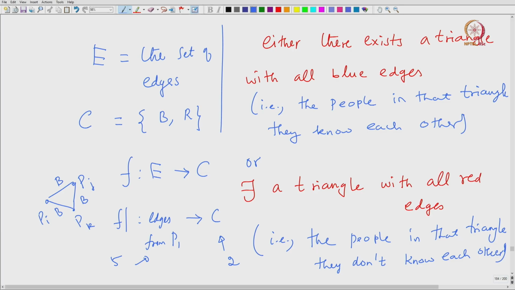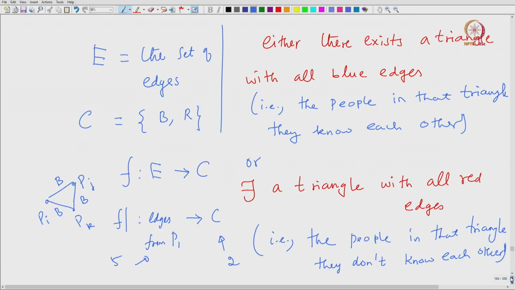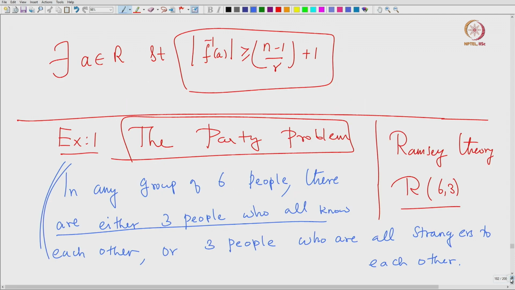Okay. So, this is exactly what we have proved before. So, one pre-image will have at least (n minus 1) divided by r, which is exactly (5 minus 1) divided by 2, plus 1.